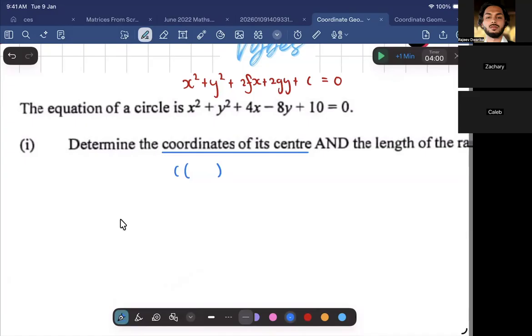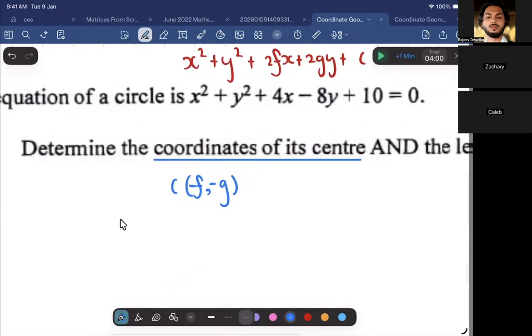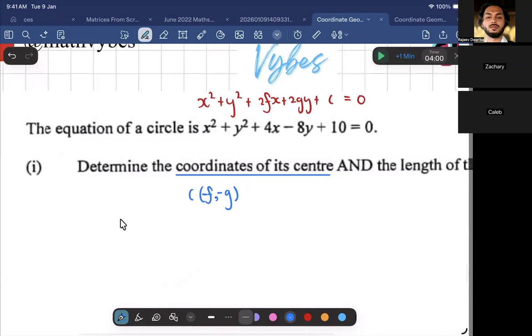Minus f, minus g. Right, so if you're trying to figure out the coordinates of the center, you need to know what two things? f and g. So how would I find f and g?